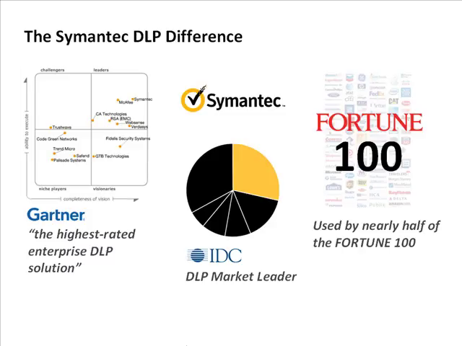Symantec Data Loss Prevention is used by 9 of the 10 top U.S. banks, 9 of the 10 top U.S. insurance companies, 4 of 5 top healthcare providers, 4 of 5 top credit card brands, 4 of 5 top entertainment media companies. And finally, we're pleased that Symantec data loss prevention is used by 46 of the Fortune 100 companies.